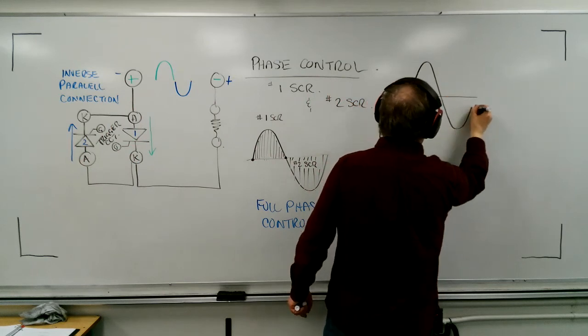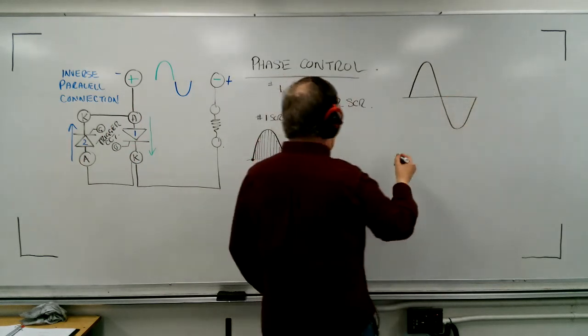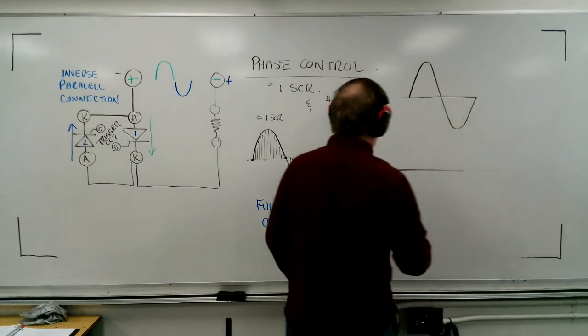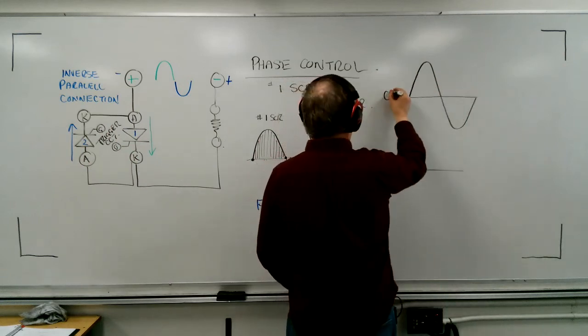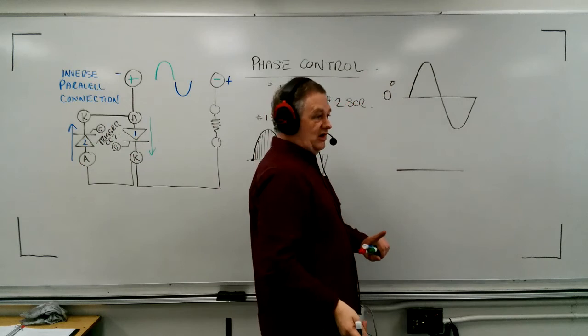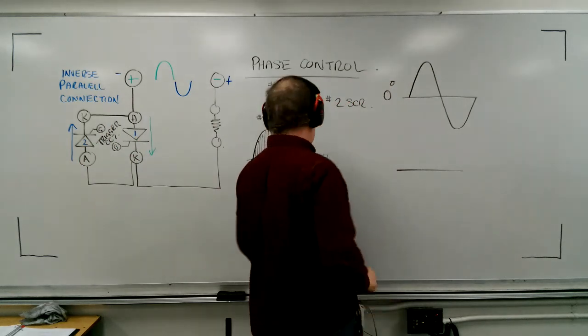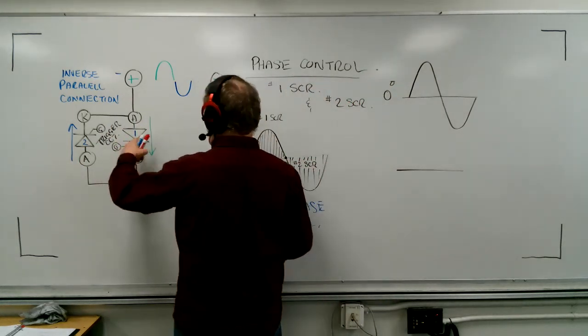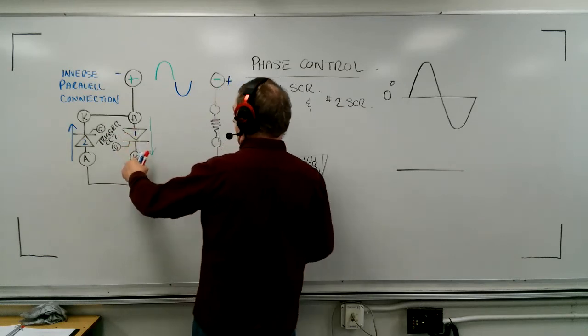Just like that. Now, what would happen if we triggered at 90 degrees? This is 0 degrees. What would the load see if I triggered both SCRs, so one at 90, this one at 90, and it would conduct for the second half.